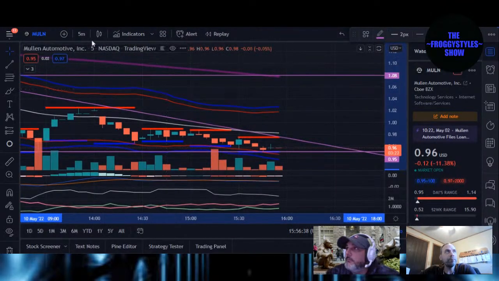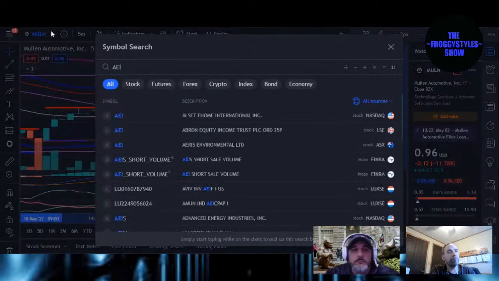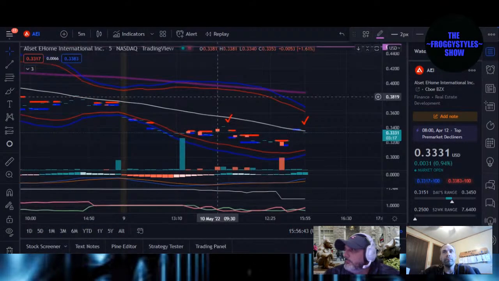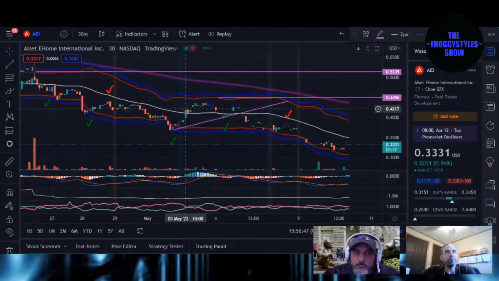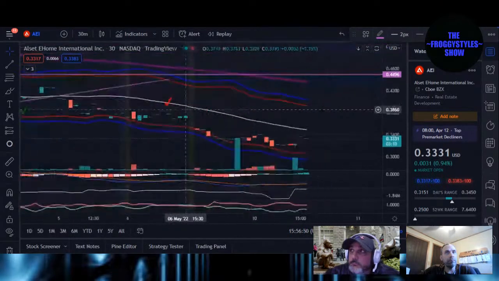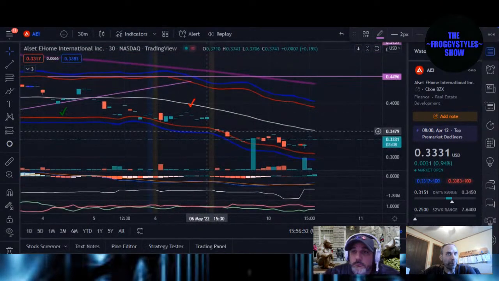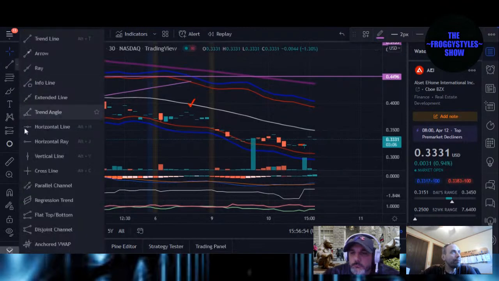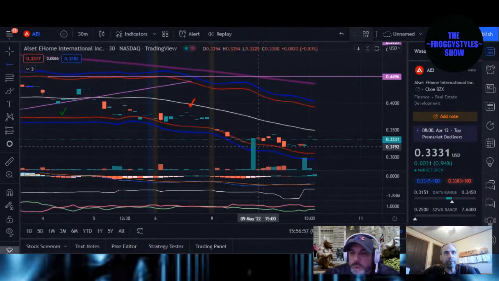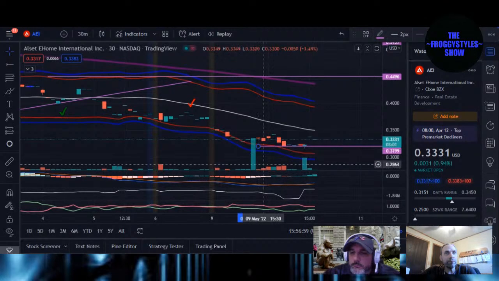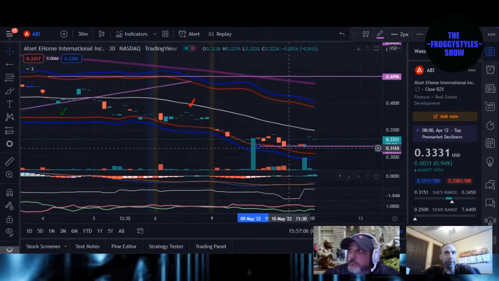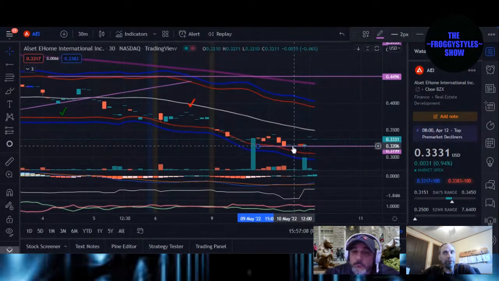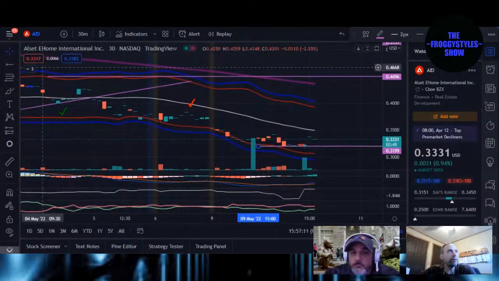What about AEI? That one's so hard to see. Looks almost exactly like HYMC. You can see here as the MACD is crossing over back here. That looks like a bottom at 32.06.